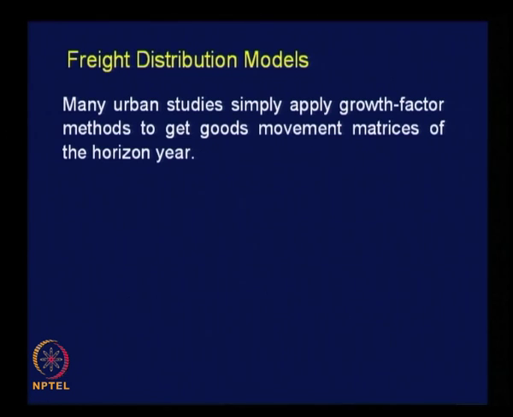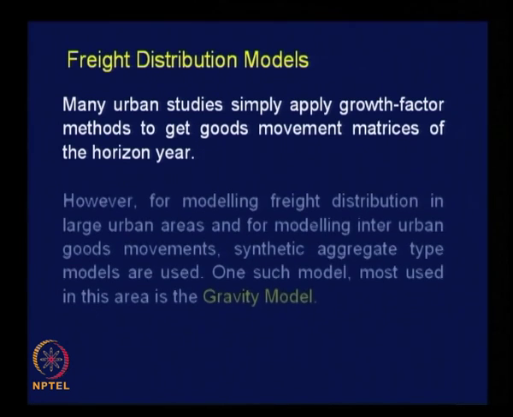Of course, many urban studies simply apply growth factor methods to get goods movement matrices of the horizon year. That is one approach about which we also know. We can do trip distribution simply by growth factor methods, but to be more precise, particularly in the case of large urban areas and intercity situations, it is better to use some synthetic model like gravity model.